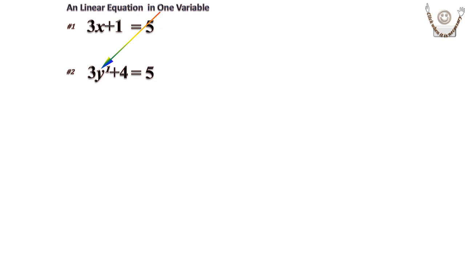And for the word linear, we have to make an assumption that the exponent for the variable is just 1. We usually don't show this exponent. Example number 3 represents a linear equation in one variable because we can see only one variable, x, and the exponent for x is invisible, it's just 1.